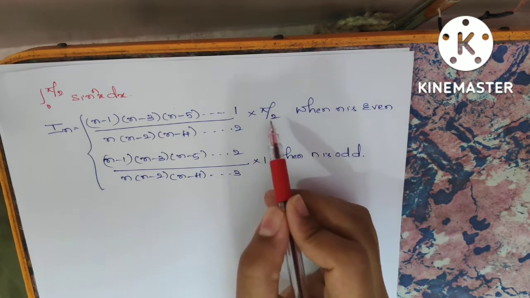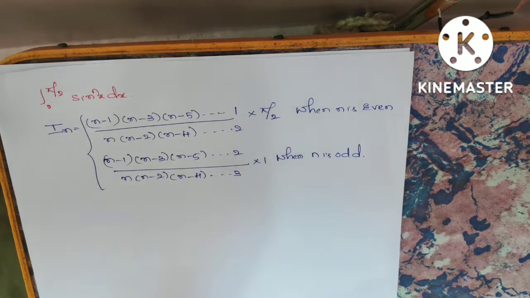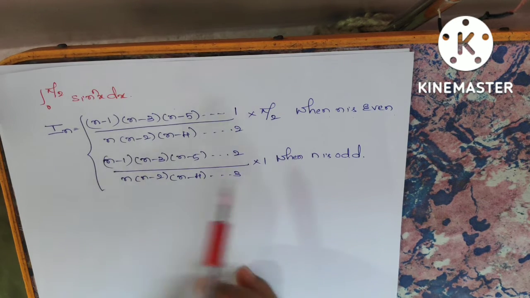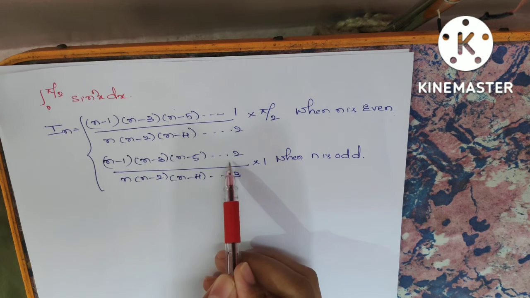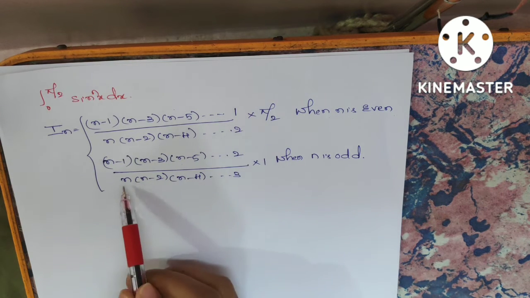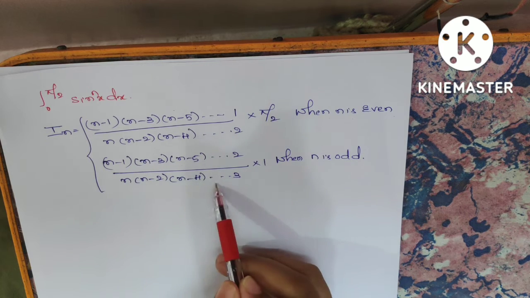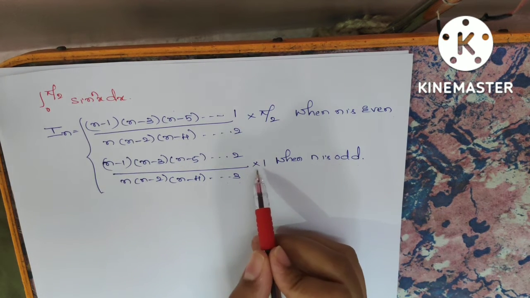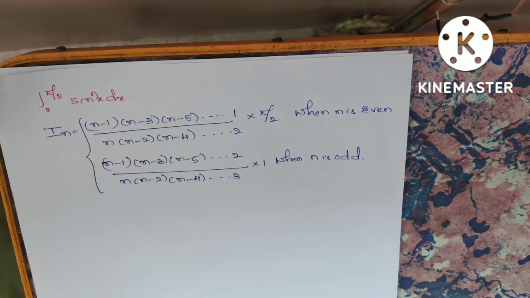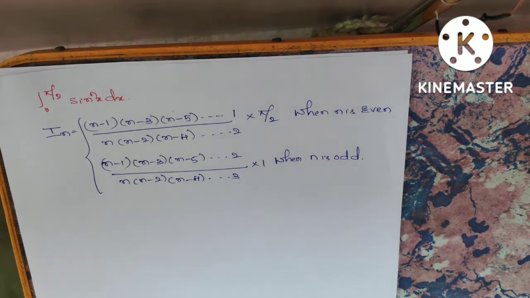When n is even, we have to multiply by pi by 2. When n is odd, it is n minus 1, n minus 3, n minus 5 and so on, by n into n minus 2, n minus 4 and so on, and when n is odd, we have to multiply by 1. So we'll take some examples on this.